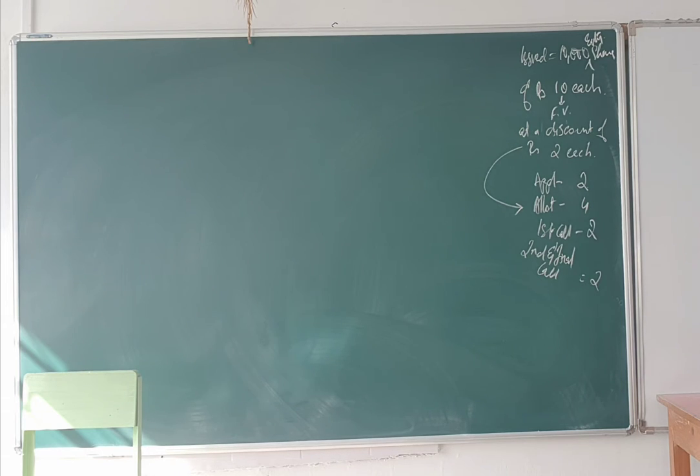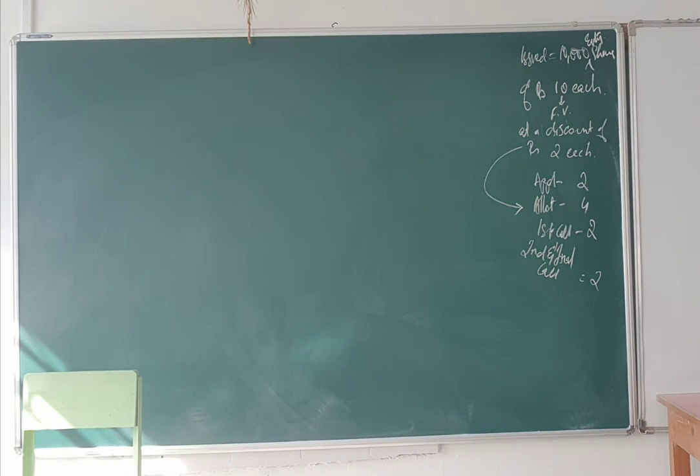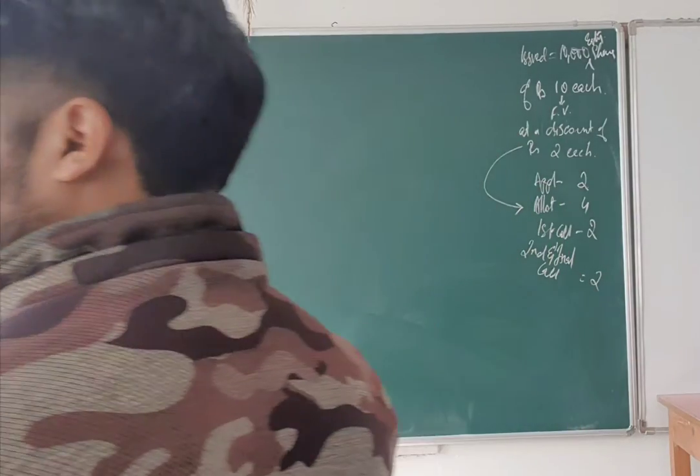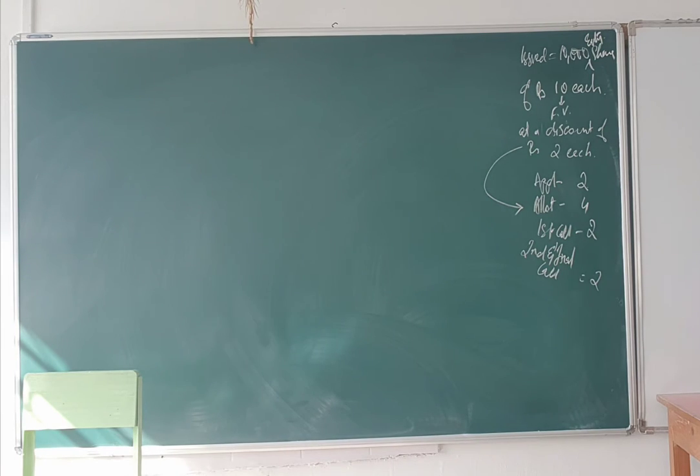Don't write 1,000, write 2,000 shares, because last time we wrote 1,000, otherwise you'll think every time it will be 1,000, it's nothing like that. It could be any number, it could be 500, it could be 200, it could be 5,000, okay?